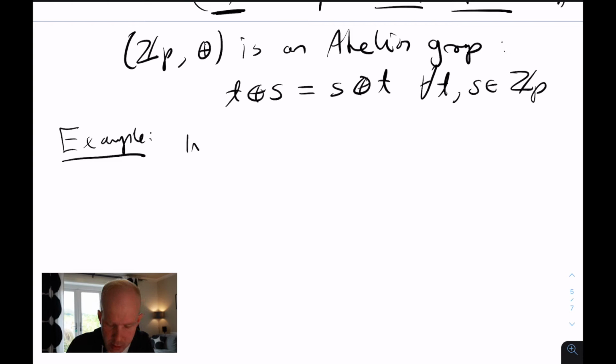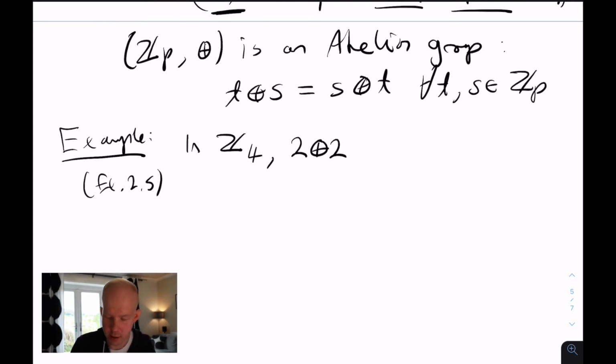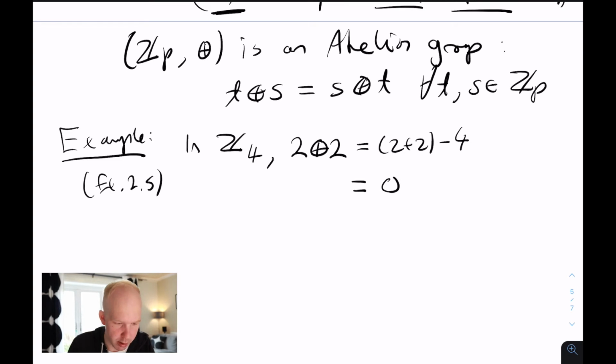If you take Z3, well, actually, let's put Z4. This is example 2.5, that in Z4 we have 2 plus 2. If you take these elements, you get 2 plus 2 minus 4, by the definition, so you end up in 0.